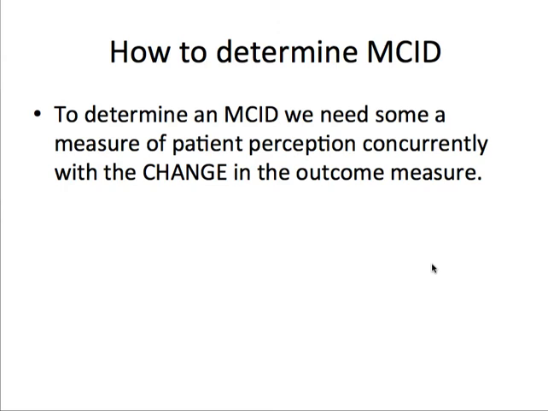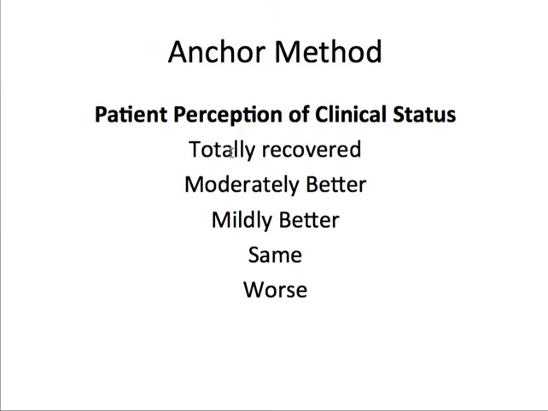So to get an idea of how this works, let's go over how a study would actually be set up. In order to determine an MCID, what we would need is the scores on the measurement we're interested in, and then we'd also need something about patient perceptions of how they value the change they're experiencing.